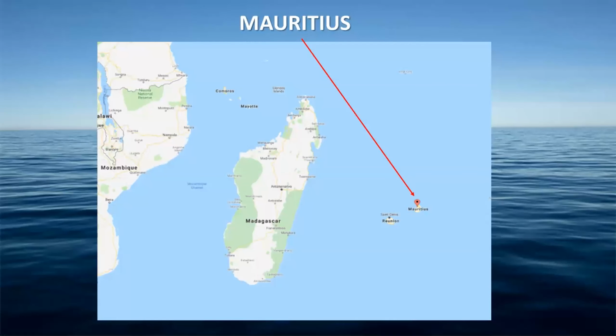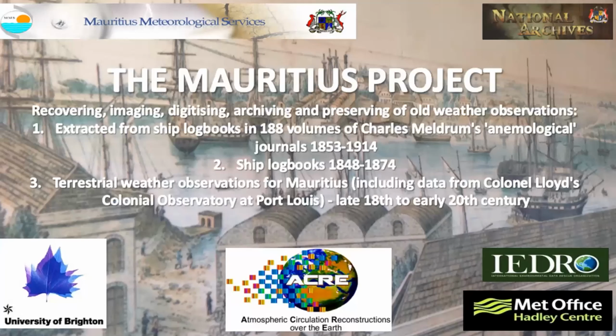Quickly, I'll get on to an example of somewhere we've been, which took us 7 or 8 years to get to fruition, and it started to happen. We're actually looking at Mauritius in the Indian Ocean, because there's a lot of interesting data there. This Mauritius project, as we called it, is focusing on recovering a lot of the marine and the terrestrial data for the island, for that part of the world.